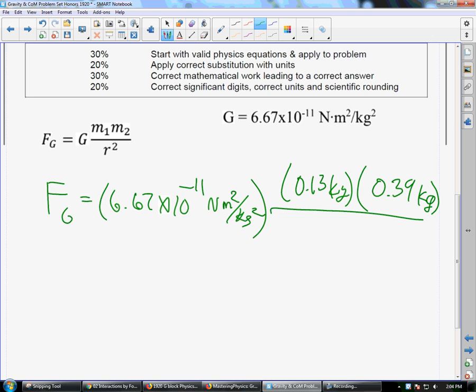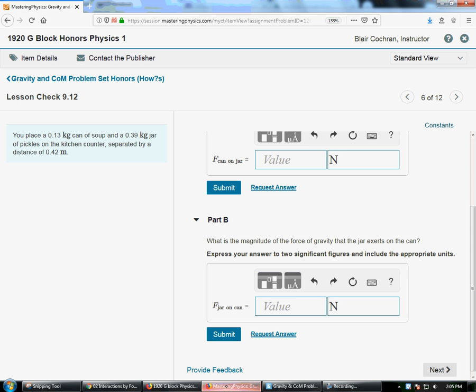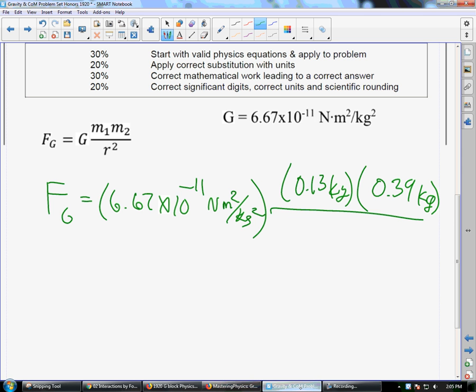And then the separation of my centers, 0.42 meters, so 0.42 meters squared. Yay, all numbers on one side, and the single variable that I want on the other side. Done. Right?